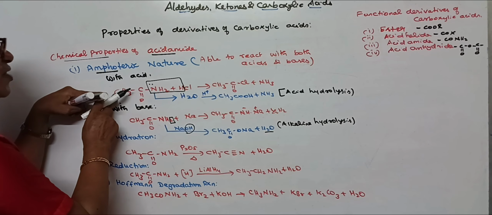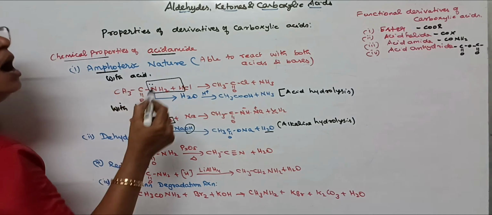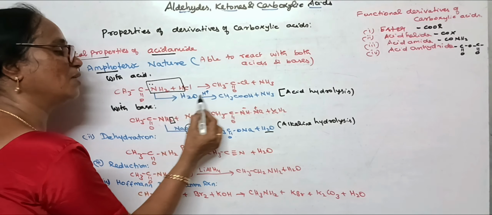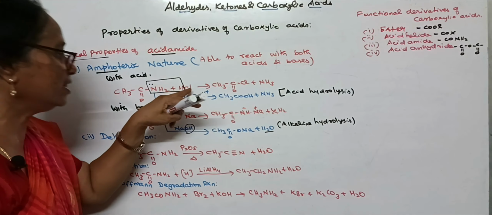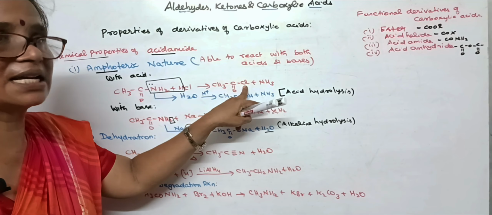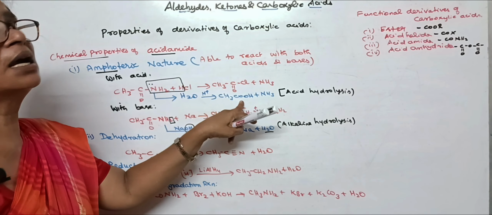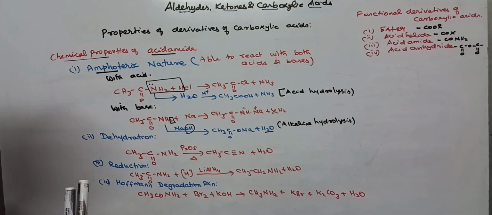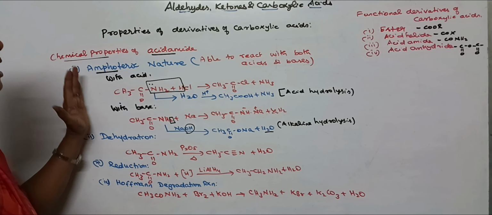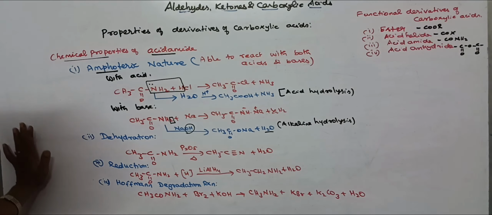So this first reaction can react directly with acid, or it may be hydrolyzed by water in presence of acid. With hydrochloric acid, it forms acid chloride, but with water in presence of acid, it forms carboxylic acid. This reaction can be taken for the amphoteric nature of amide, or you can consider it as acid hydrolysis as well as alkaline hydrolysis of amide.